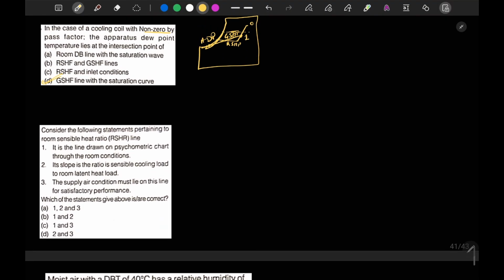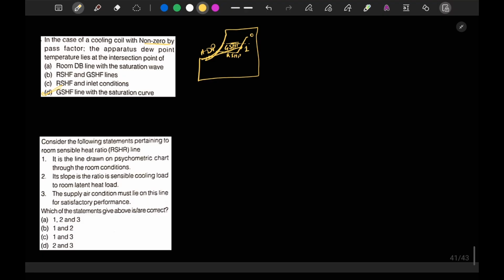Consider the following statements pertaining to room sensible heating ratio. It is a line drawn on the psychrometric chart through the room condition. So this is our room sensible heat factor. This is correct. The slope is the ratio of sensible cooling load to room latent heat load.